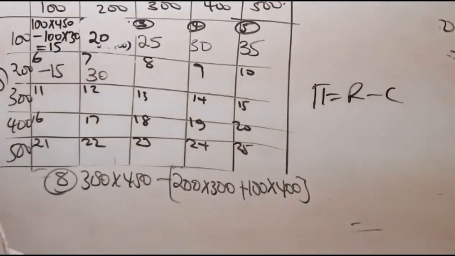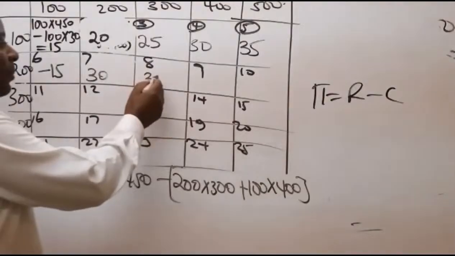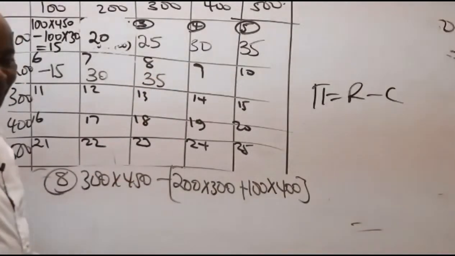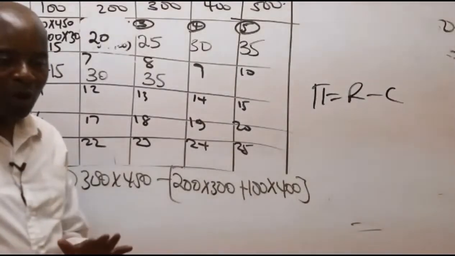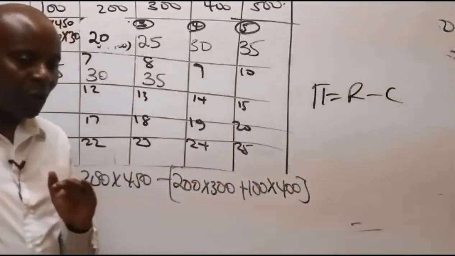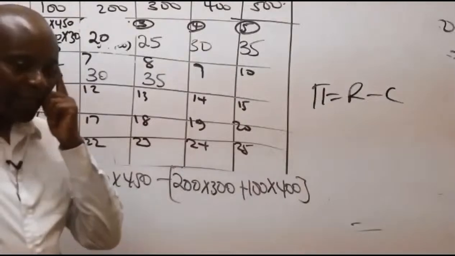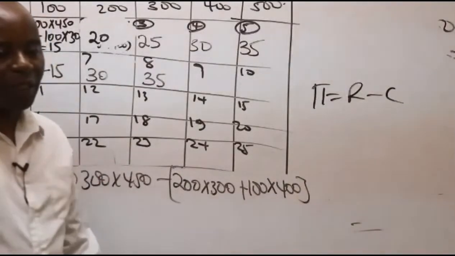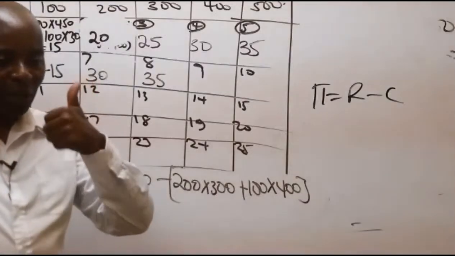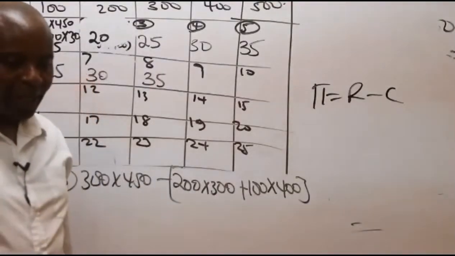So in this case, cell number 8 is 35. I don't know whether now, Njeri, you have been able to follow, or at times we could be wrong. You could be right. Try to give us your argument. If you've understood, please tell us, I have understood.